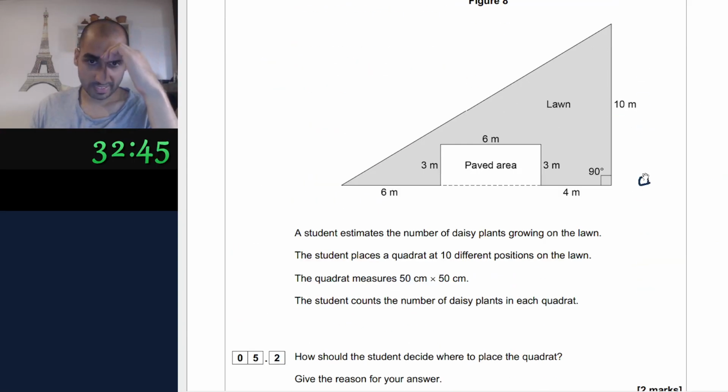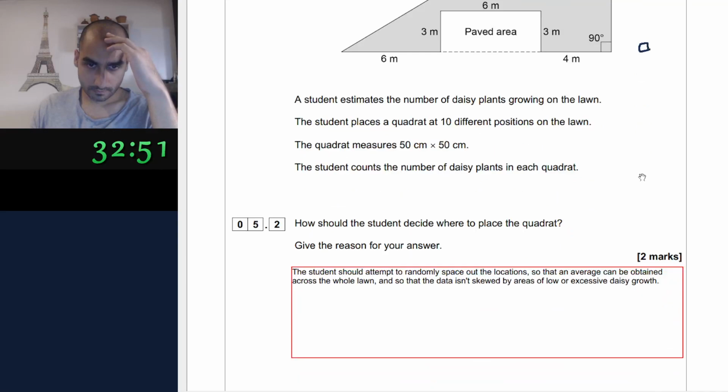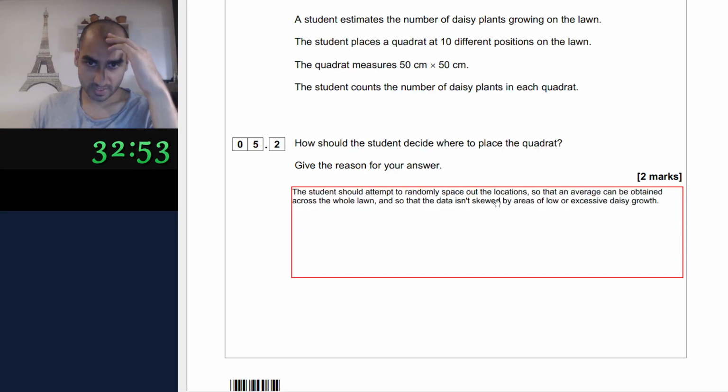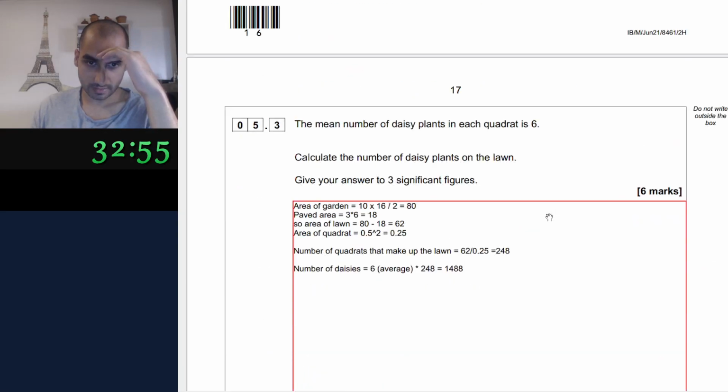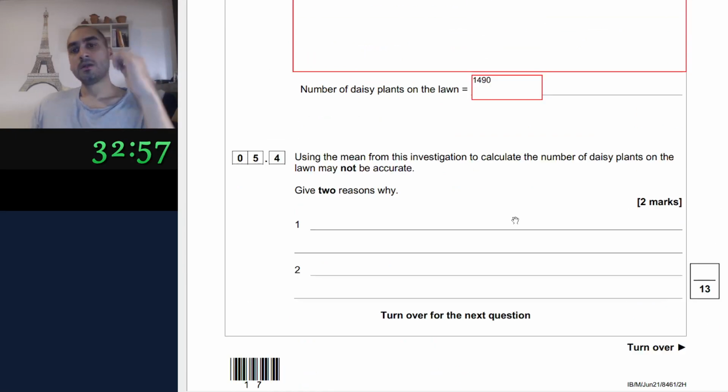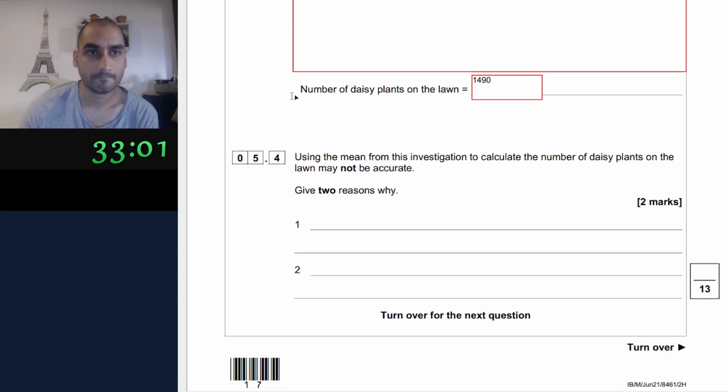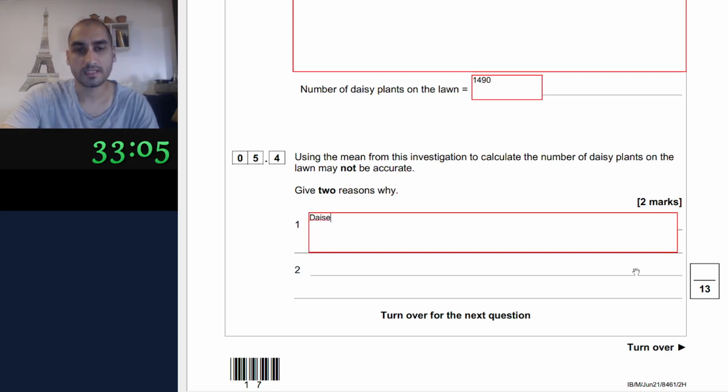It depends where he placed the quadrats. Daisies may not be uniformly distributed.